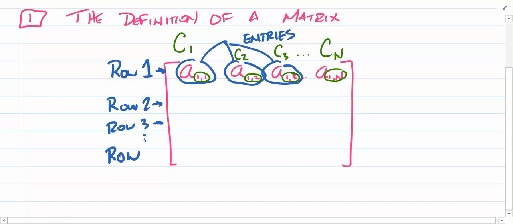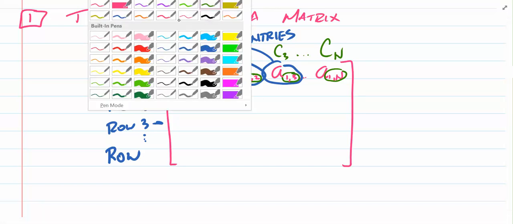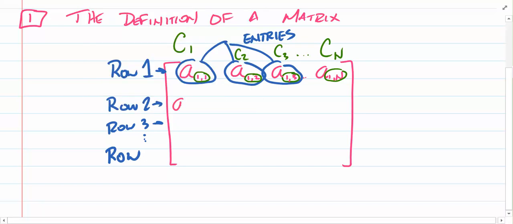Okay. Now, if I actually finish up my columns here, this would be A, row 2, column 1, right? This will be A, row 3, column 1. All the way down, this will be A, M, comma, 1.